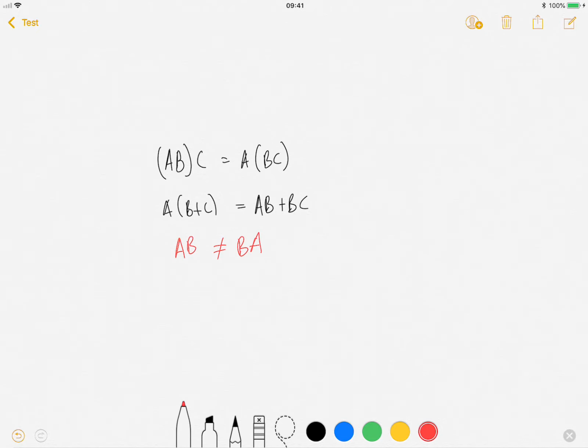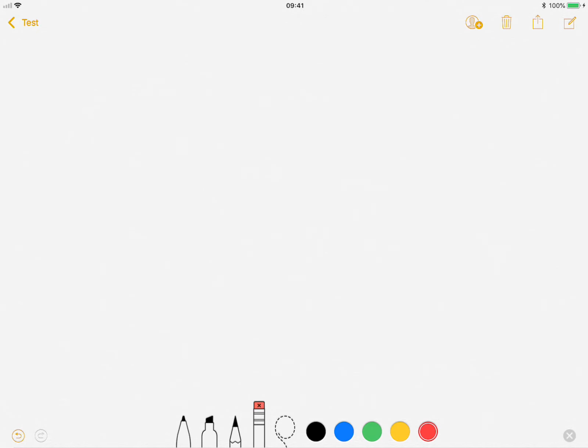Okay, so let's just get on to division quickly. Now division is actually not a defined operation when we talk about matrices, but we can talk about the inversion or the inverse of a matrix.